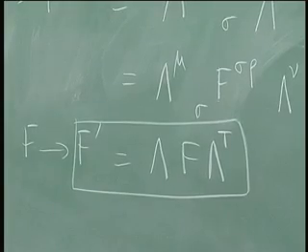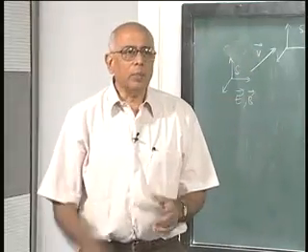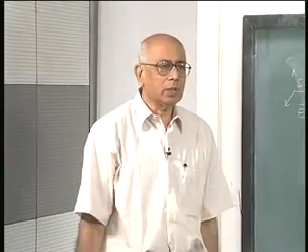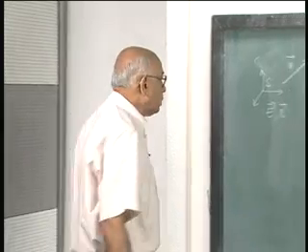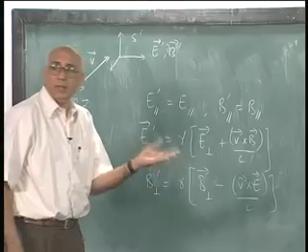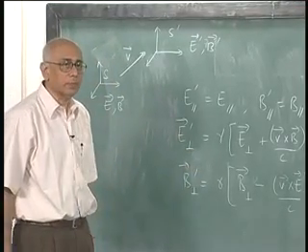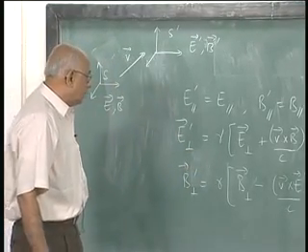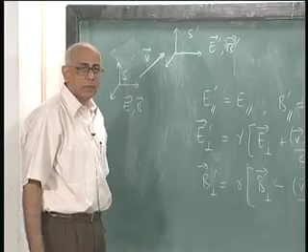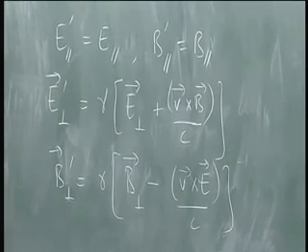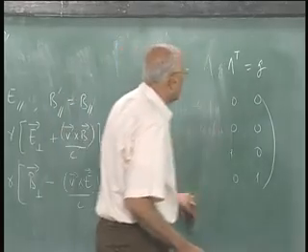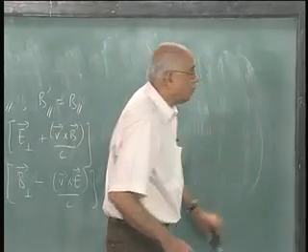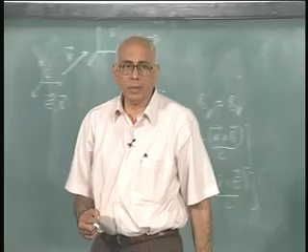Of course if you rotate the coordinate system also, then the components of E get mixed up with each other and the components of B get mixed up with each other, but there is no mixing up between E and B. But what a boost does is convert electric fields to magnetic fields in part and vice versa, and these are the exact transformation equations. Again I leave this as an exercise to work out, and let us go on to what happens to a charge in an electromagnetic field.